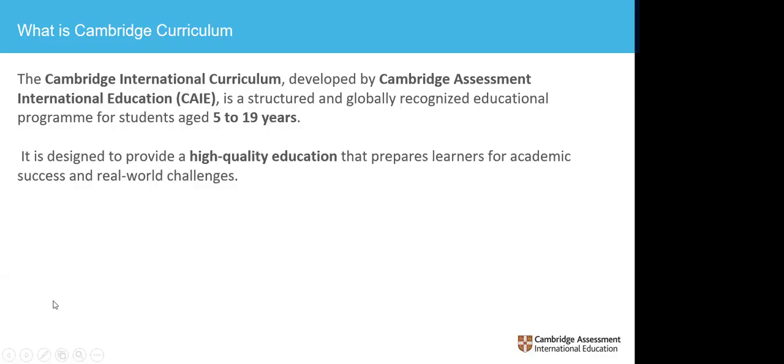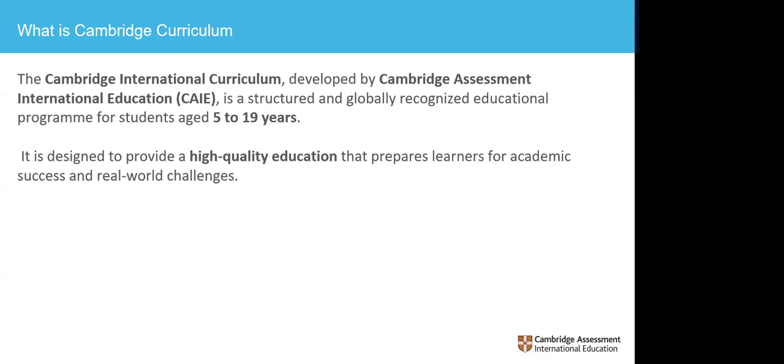The Cambridge curriculum was developed by Cambridge Assessment International Education, and it is basically for children between the ages of 5 to 19 years. It offers high quality education that is intended to prepare the children both for real world challenges and for academic success.